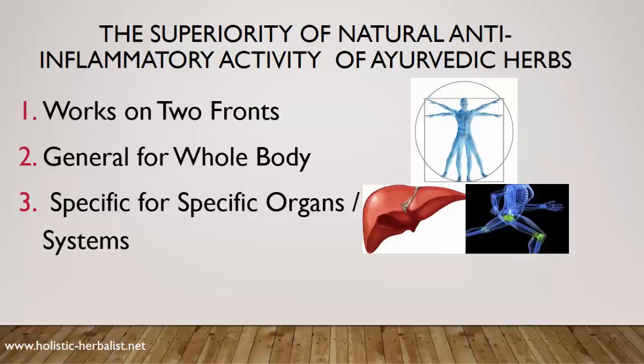Consider joint health. There are herbs like boswellia, turmeric, and others that are very specific for joint health. They have anti-inflammatory property that is more targeted for joint health. So this kind of specificity or working for specific organs is absent in NSAIDs.